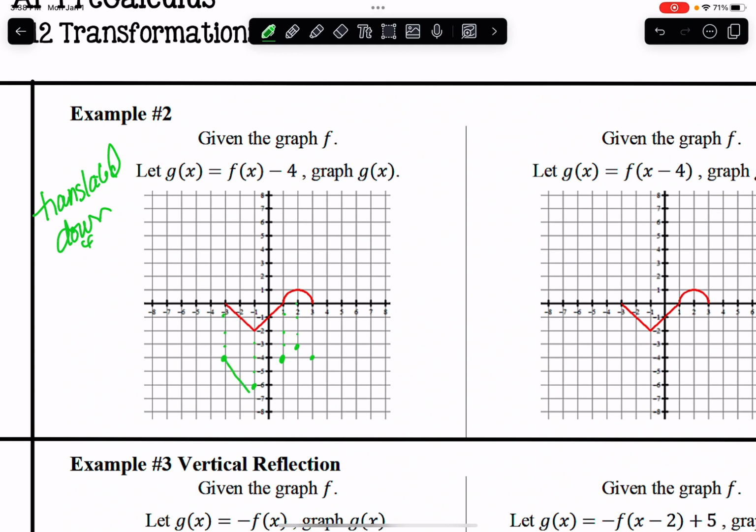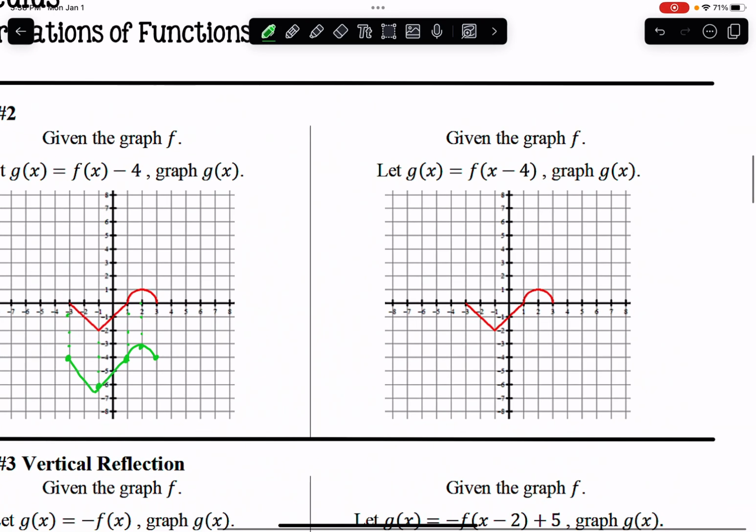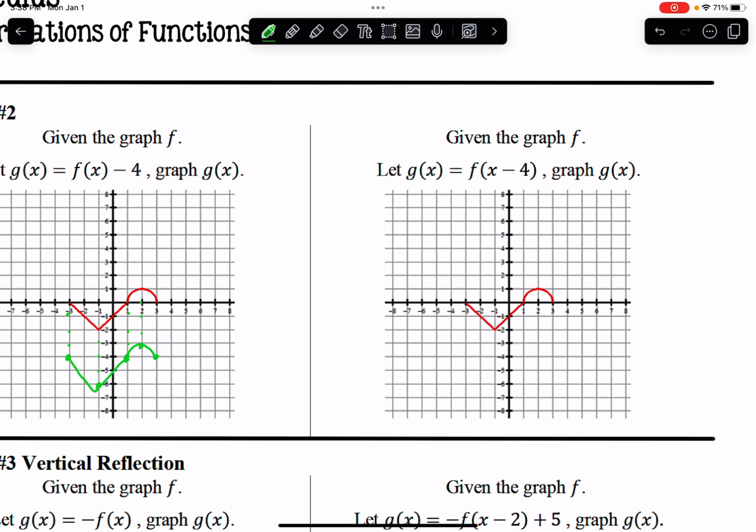So we're here and down 4. And this is right 4, so translated right 4. Every point is just moved 4.